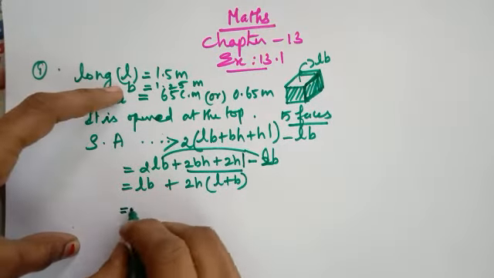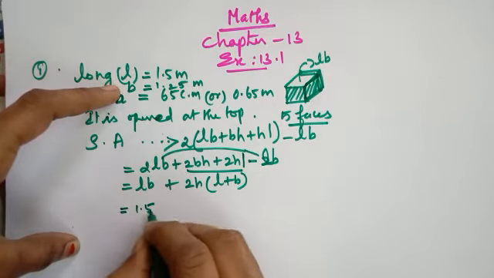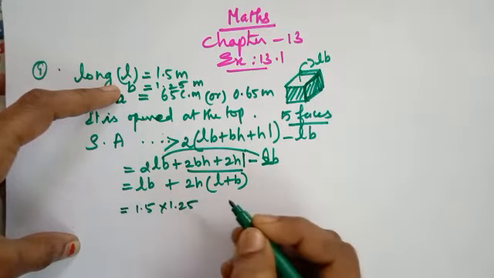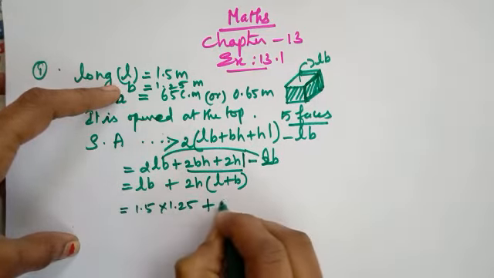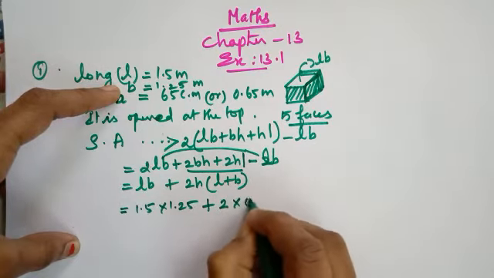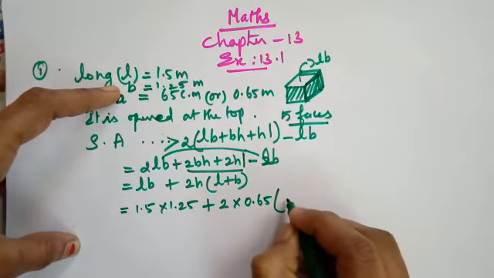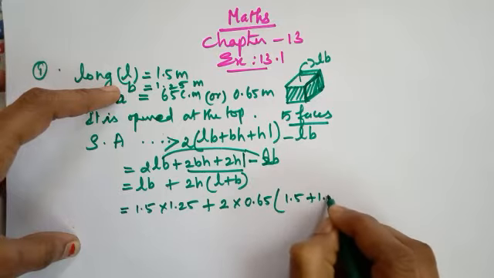So here L is 1.5 into 1.25, plus 2 into H, that is 0.65, into L plus B, that means 1.5 plus 1.25.